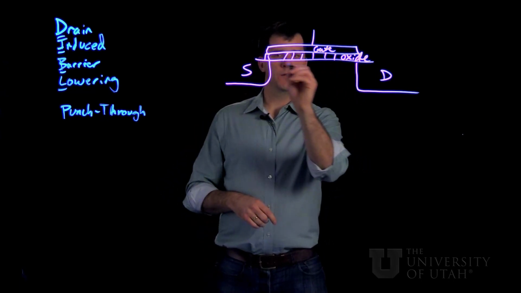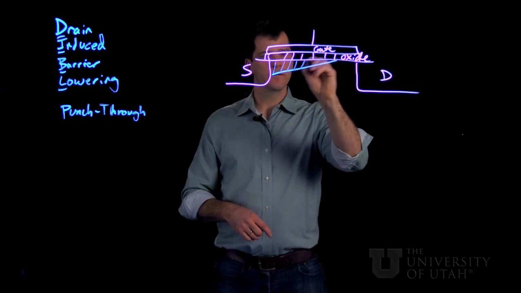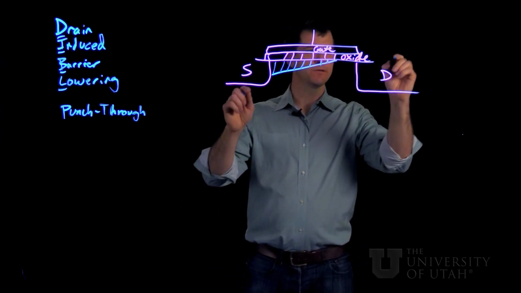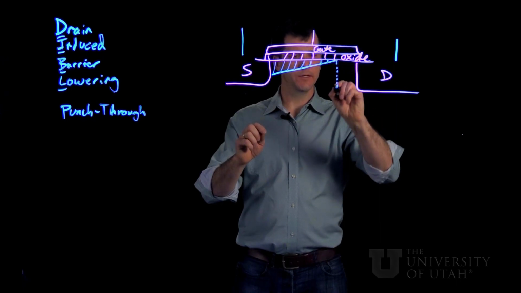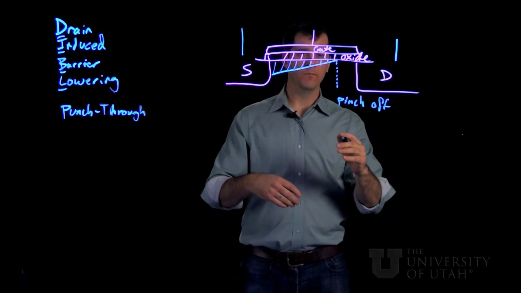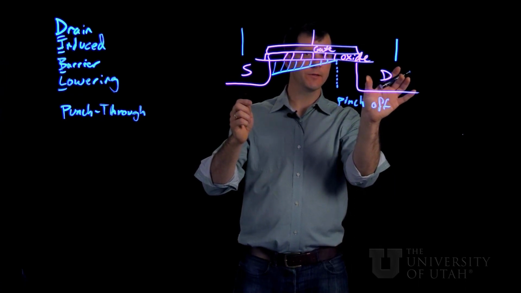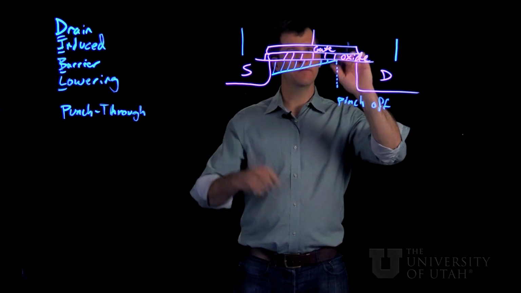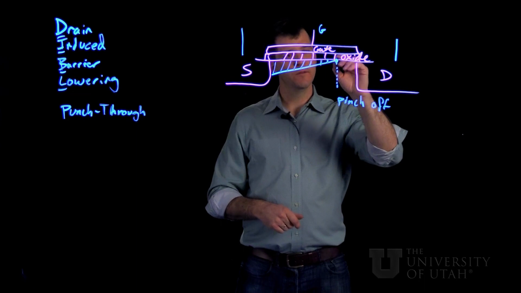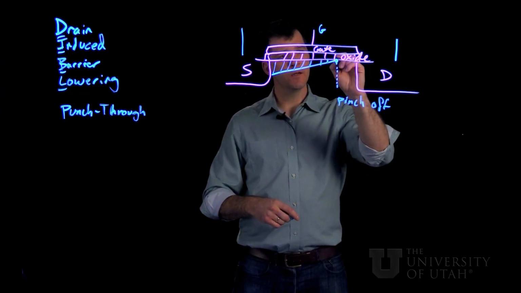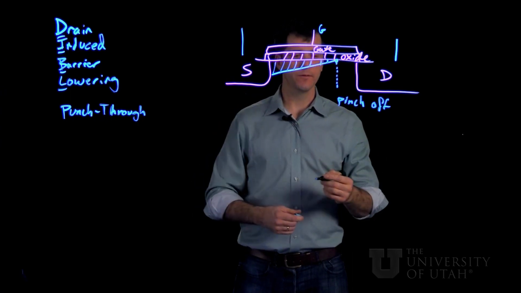So when we talked about channel length modulation, we learned that the application of a large source drain voltage will actually pinch off the channel at a certain point, where the addition of the source drain voltage plus the gate voltage results in the density of the inverted electron channel dropping below threshold.